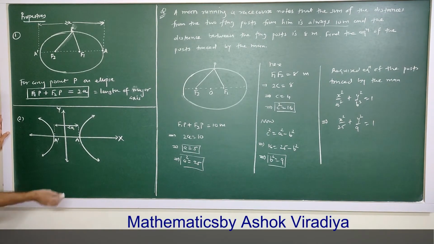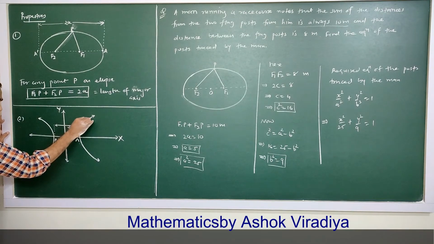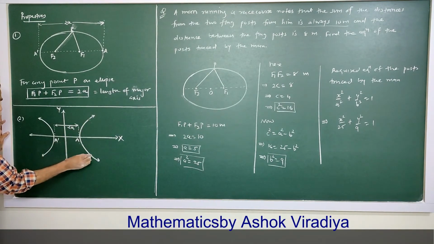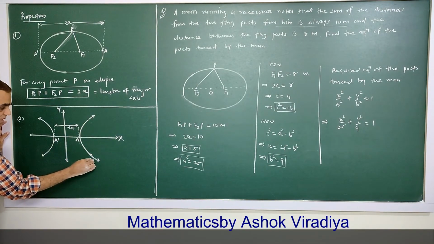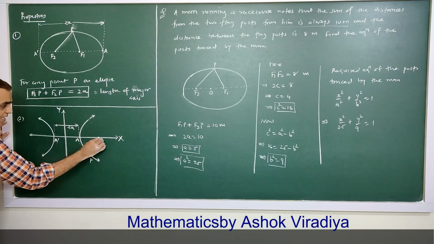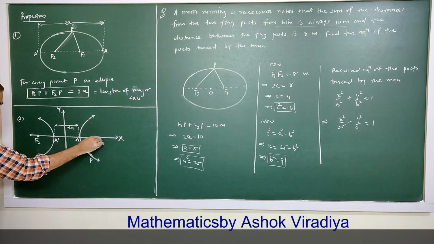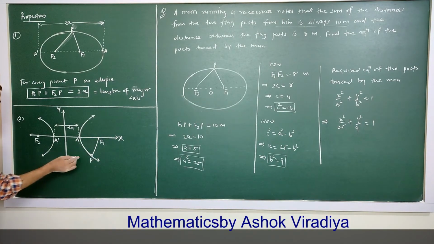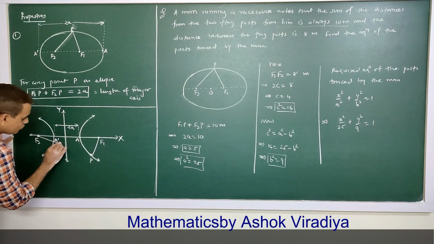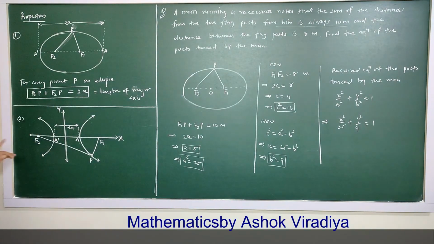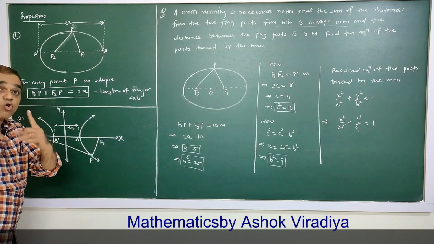Now if P is any point on this hyperbola, and these are the foci f1 and f2, then there are the distance of P from f1 and the distance of P from f2. As P changes its location these distances will change, but the difference of these distances remains constant.